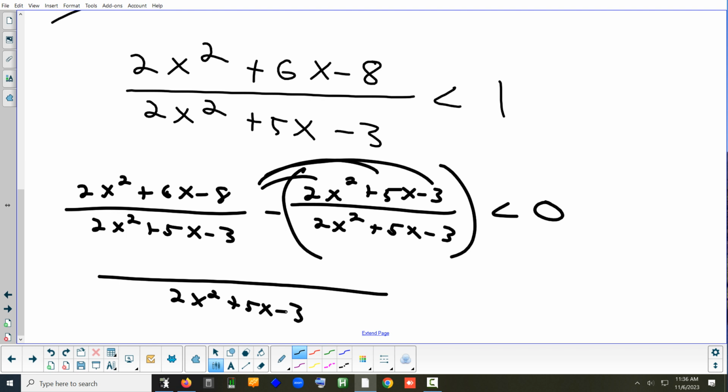Okay, so what are we going to get in the numerator when I combine those two together? Let's start with the x squared term. What's going to happen to that? Cancel. That's gone. Okay, what about the x term? 1x. And what about the constant? Negative 8 plus 3, which is negative 5.